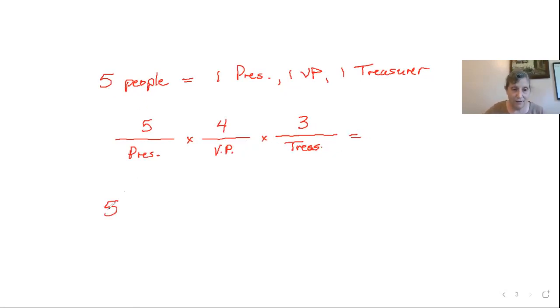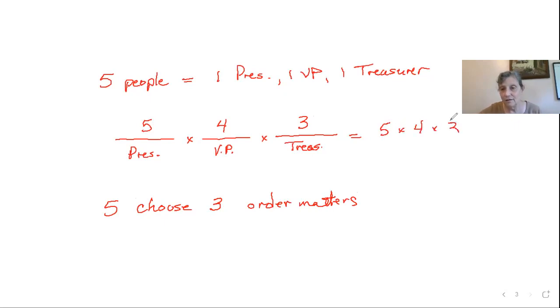If we have 5 and we're going to choose 3, and order matters, we have 5 times 4 times 3 possibilities. 5 times 4 is 20, times 3 is 60.